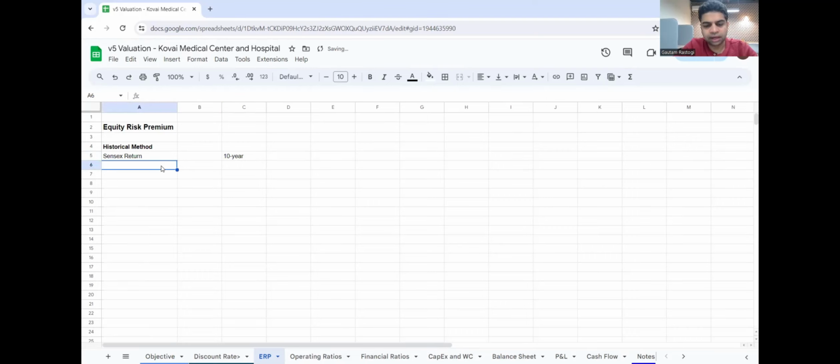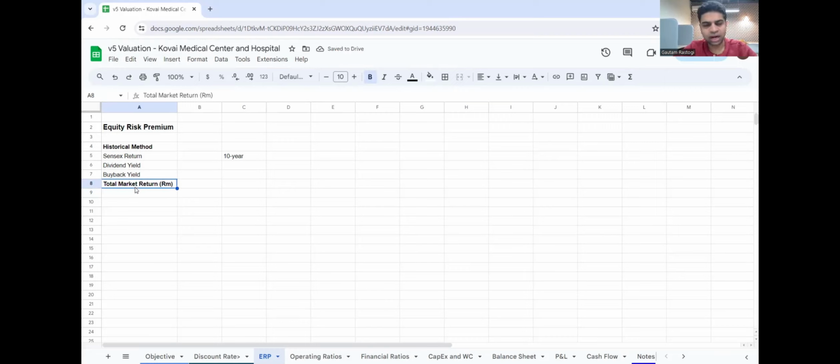Then we need the dividend yield, also going 10 years back, and then the buyback yield. The total of these three returns would be your total market return, let's designate it as RM. This is what we need to get to.